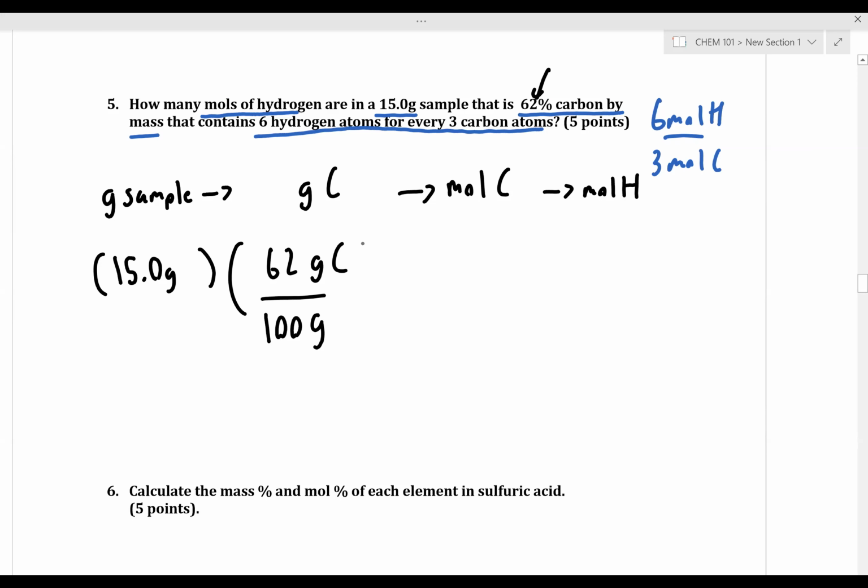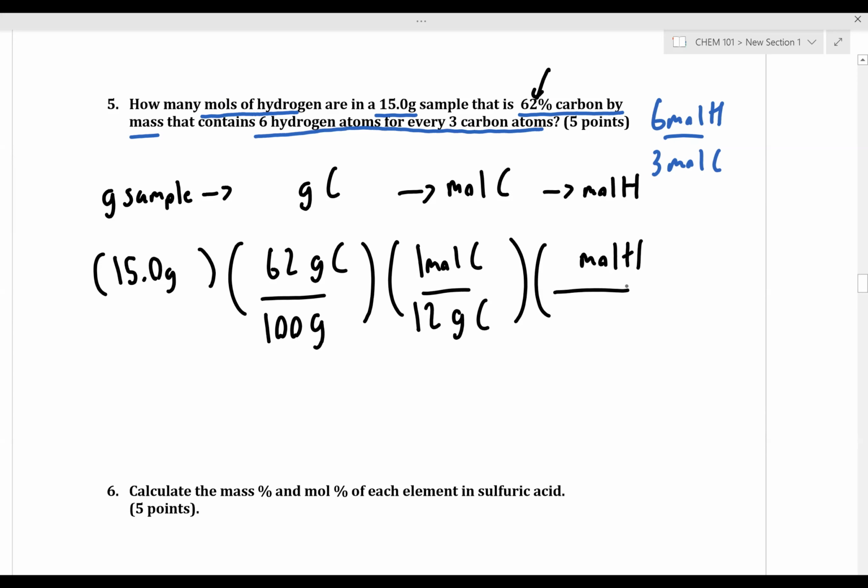Yep. This is the way to write out mass percent as a conversion factor. Then in 1 mole of carbon, we have how many grams of carbon? 12. And then finally, how many moles of hydrogen do we have per how many moles of carbon? What's our mole to mole ratio? 6 to 3.